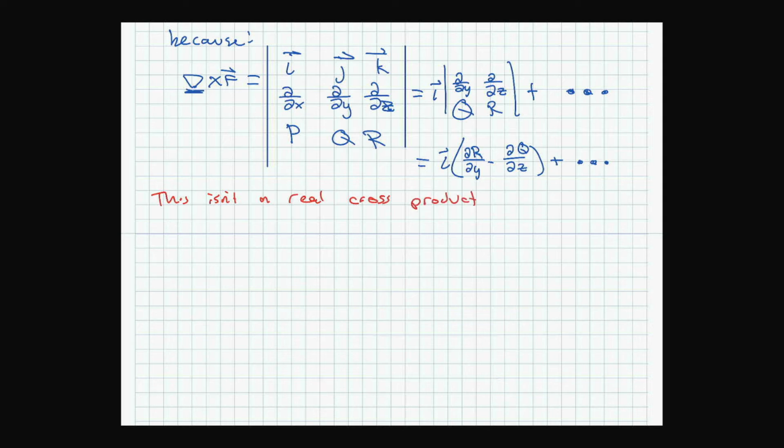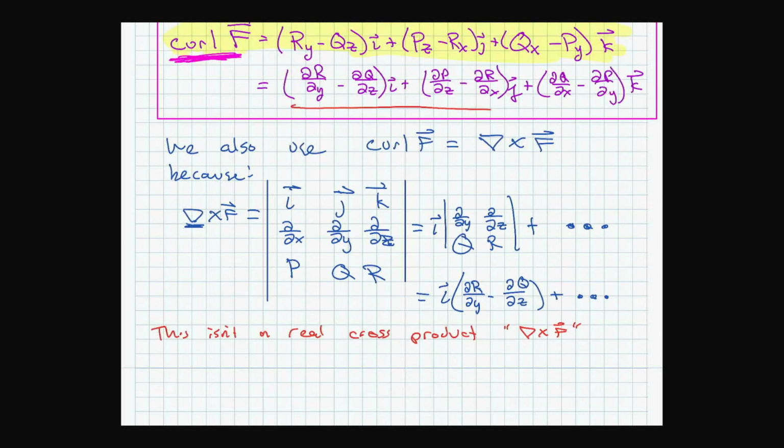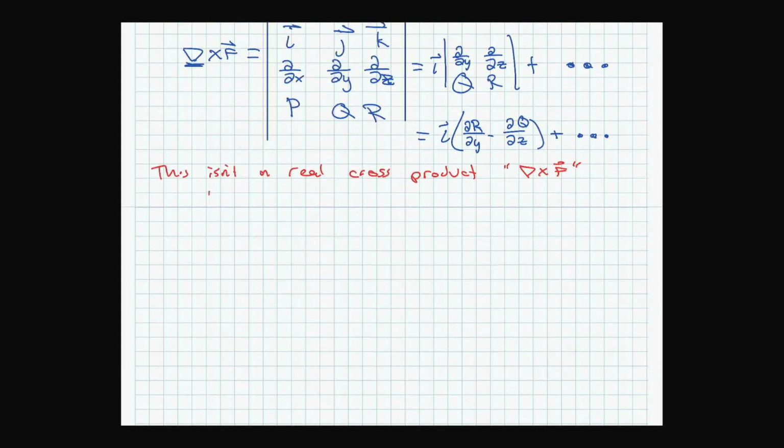Grad cross F is really just a way to help remember how to calculate these if you forget them. Just like divergence is not a dot product, curl is not a cross product.